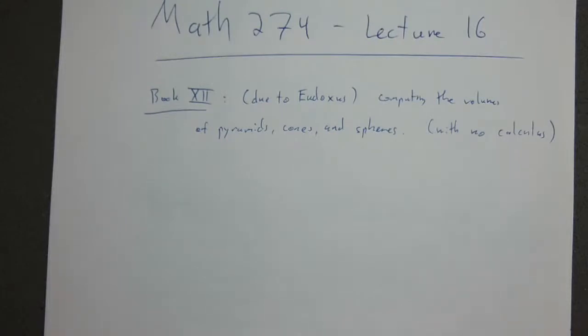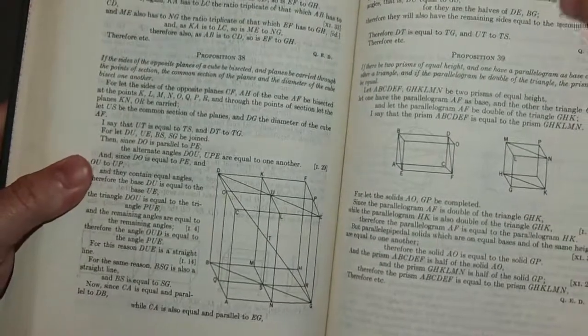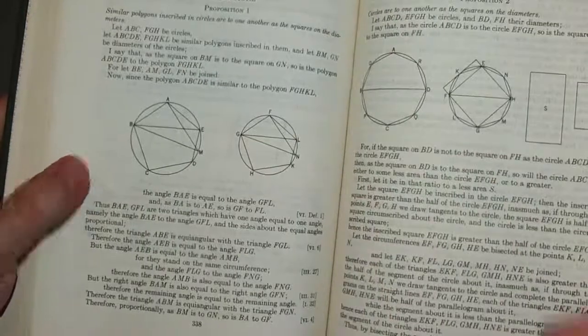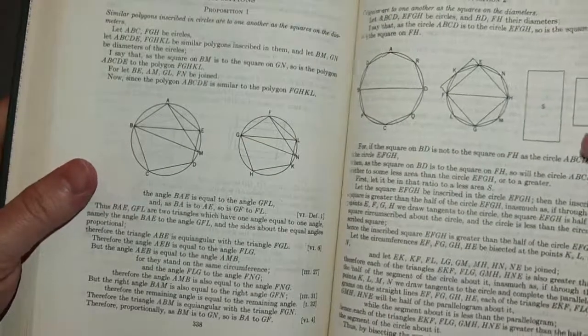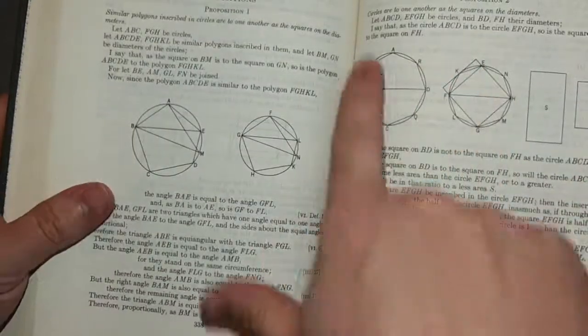And this is a pretty amazing feat. If you want to see what some of these images look like, you can have a look. Here's the end of Book 11, actually, with some of the images. This is the beginning of Book 12. Look what's going on here.